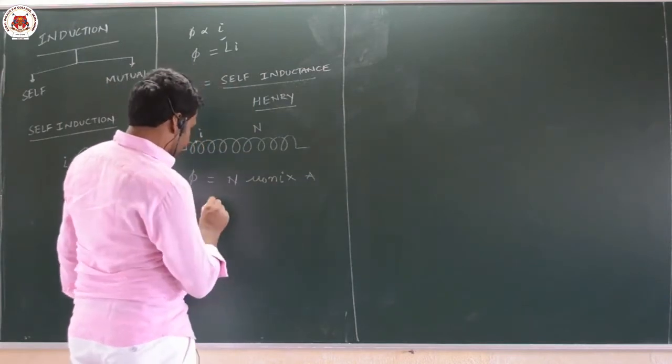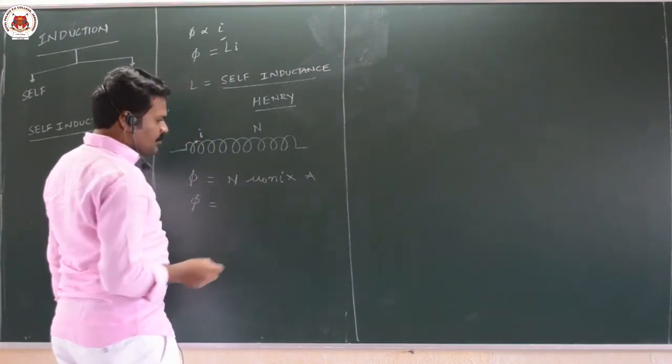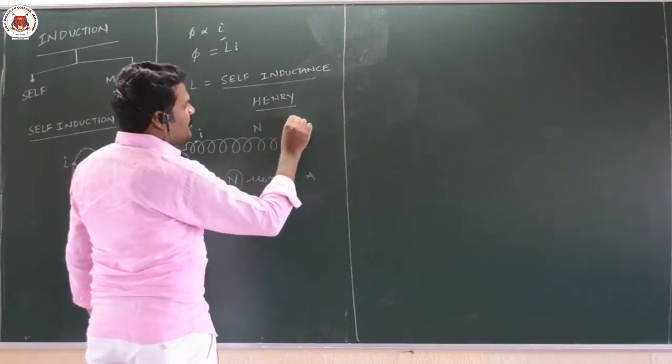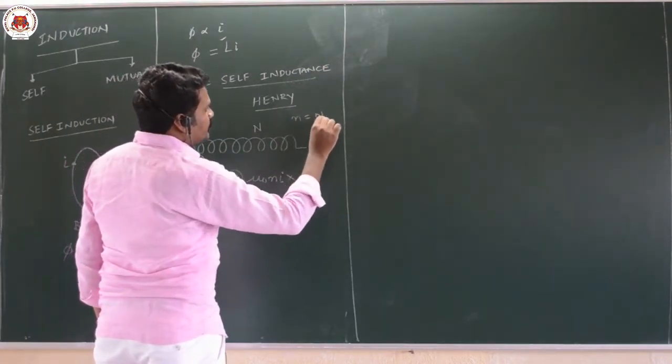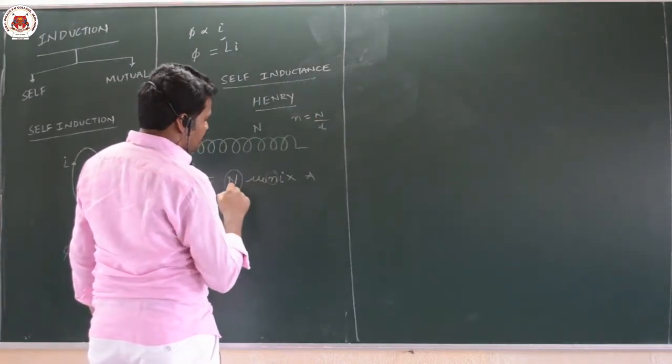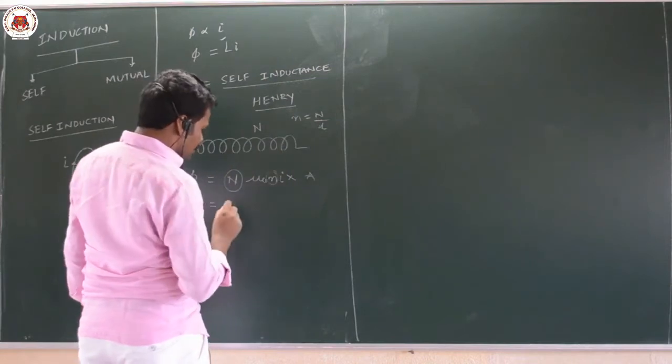Now this flux is equal to, small n is number of turns per unit length. So I can write this capital N as small n into l.